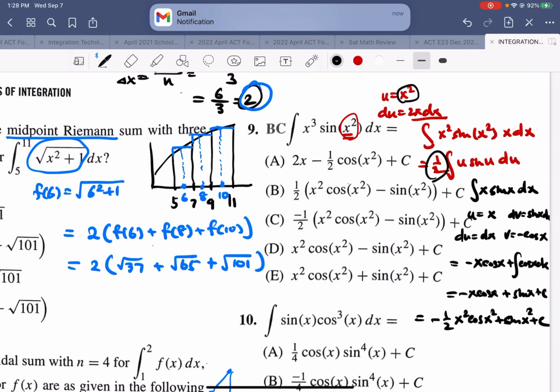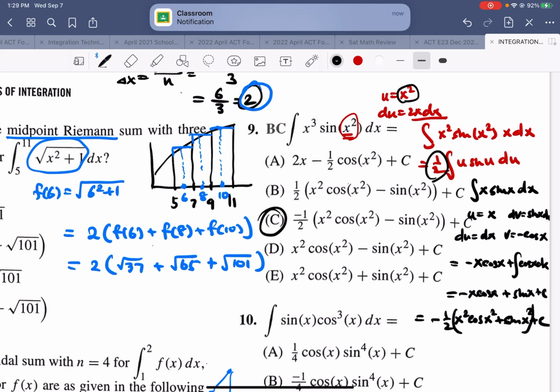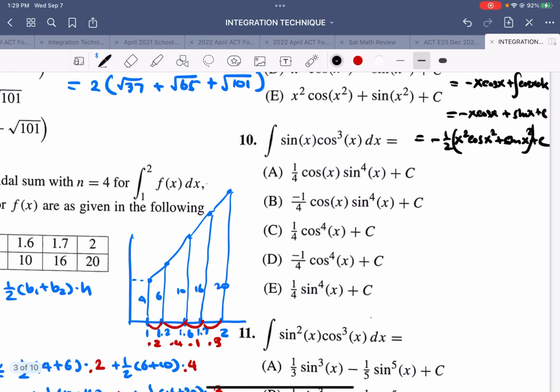Now if you look at the answer choices, that's a c. Oh, in here actually it was this, right? So yeah, it should be c. Okay, because I have to put parentheses, 1/2 times that. Okay. Now number 10. Let's move on.